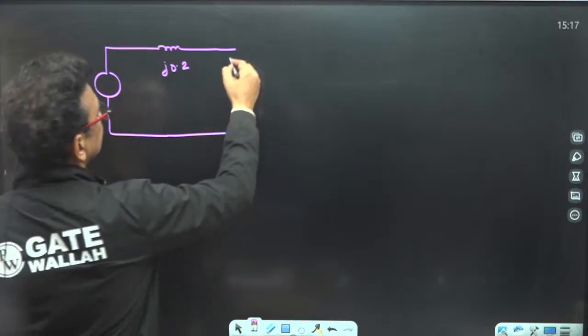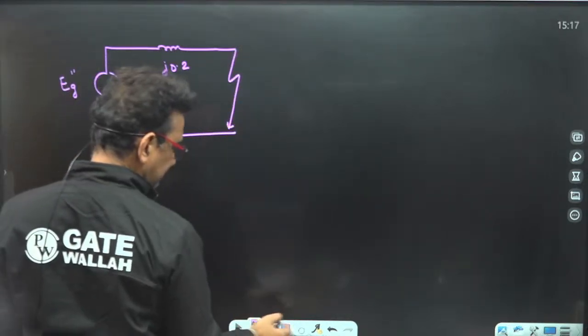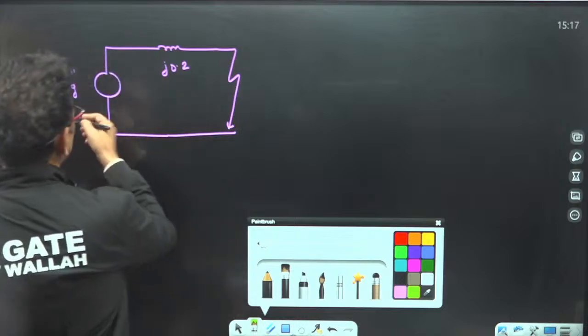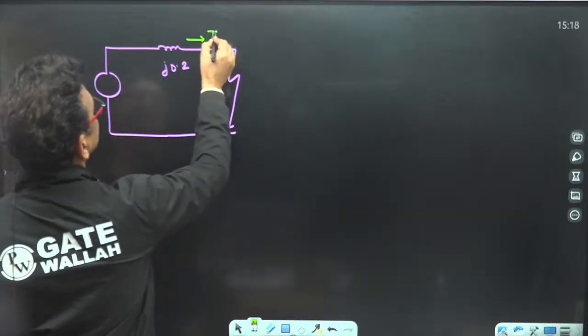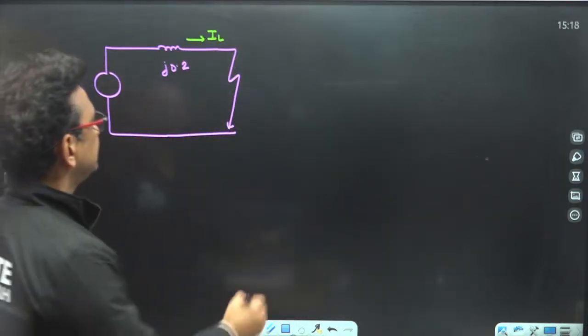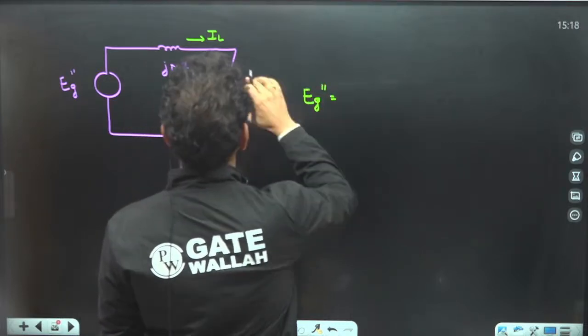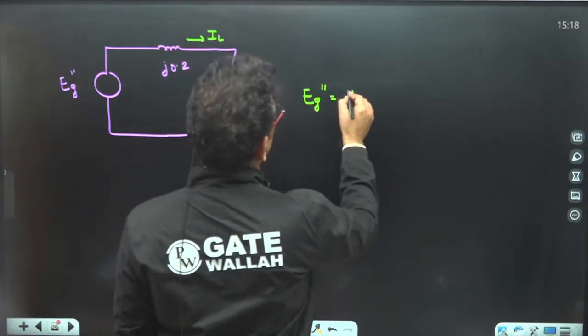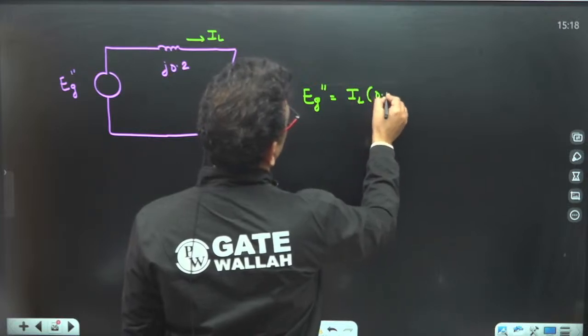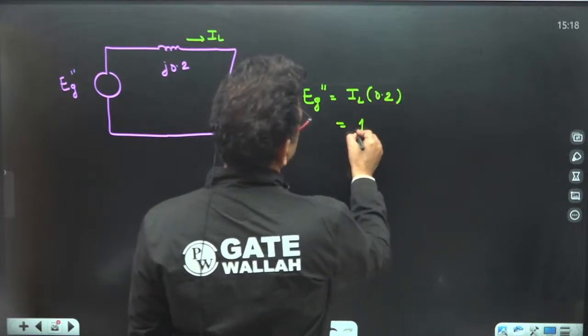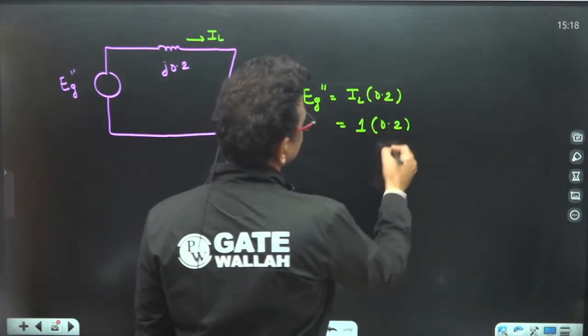There is a short circuit here. So what will be EG double dot?